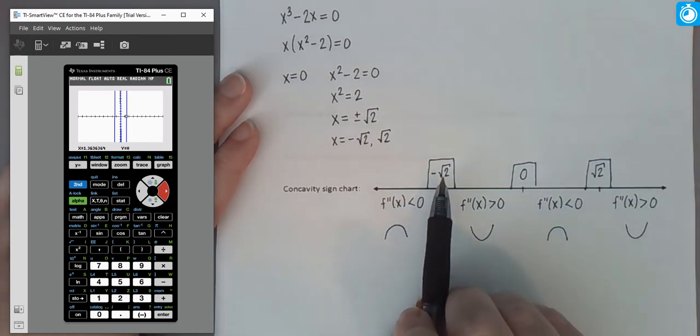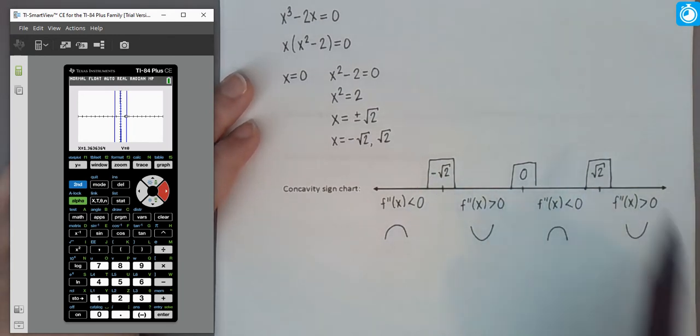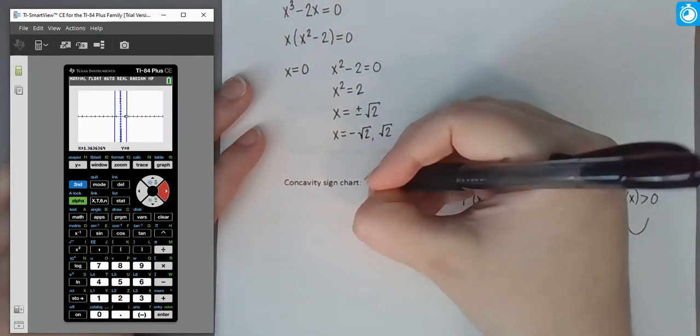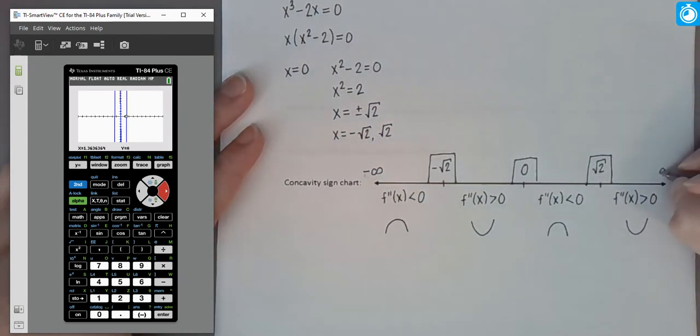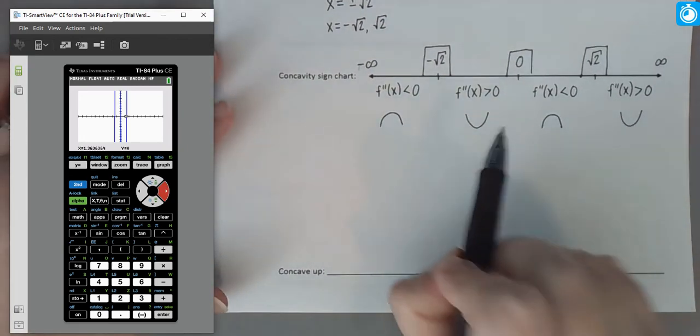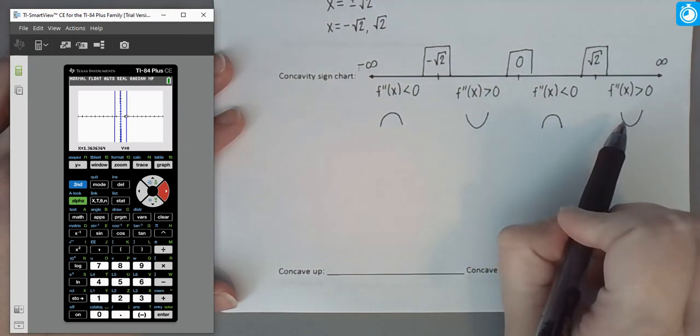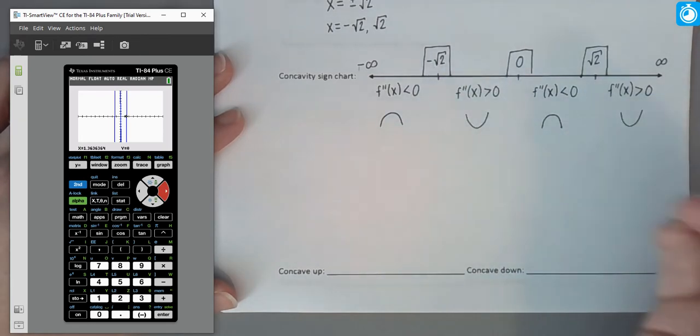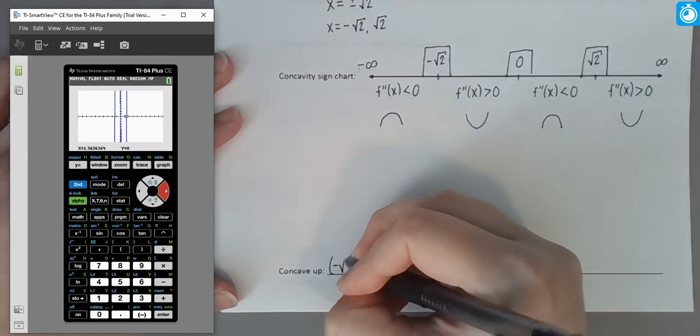Now notice these are broken apart at negative root 2, 0, and positive root 2. So let's label our infinities, and then we can write our intervals, and we'll go back and look at those inflection points. So we're concave up over two intervals. From negative root 2 to 0, that's one interval.